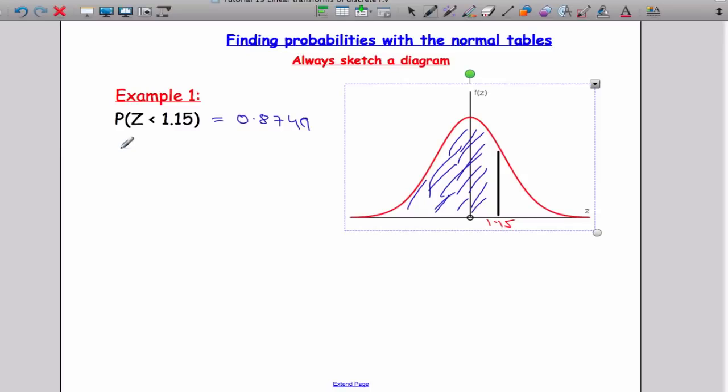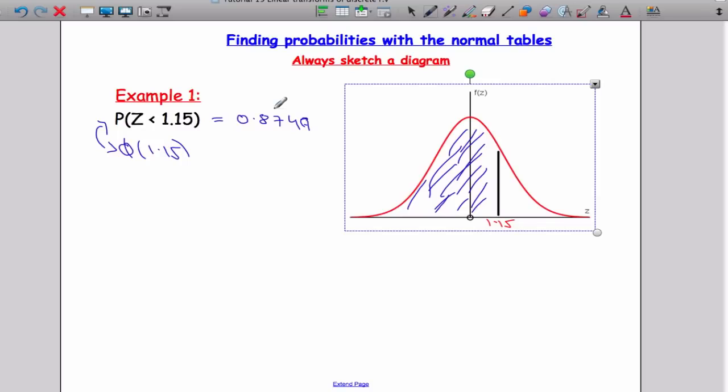This question could have been given like this as well. It could have been asked to find phi of 1.15. These two are interchangeable, they mean the same thing. So the answer is 0.8749.